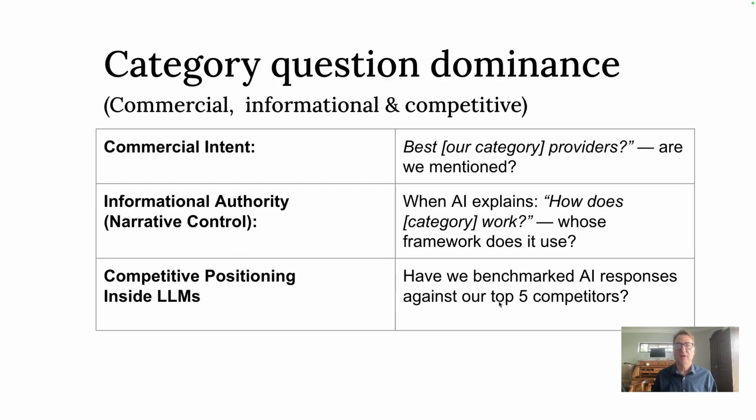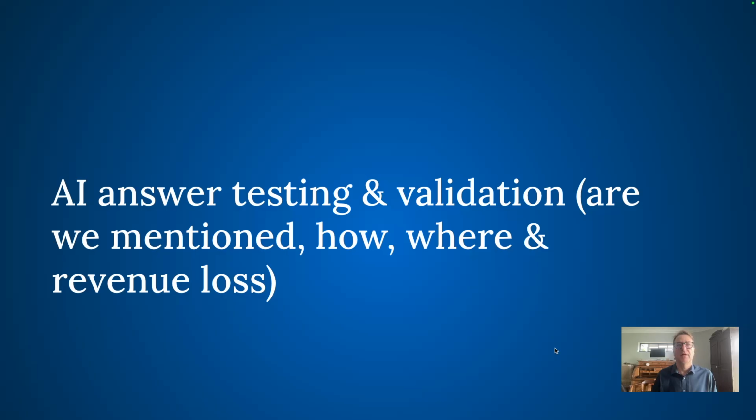Competitive positioning: how do we benchmark our AI responses against our competitors? And then the other thing to audit would be AI answer testing and validation. Are we mentioned, how, where, and can we track revenue loss?